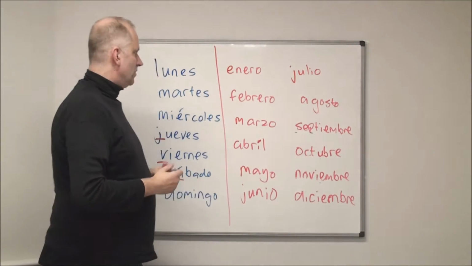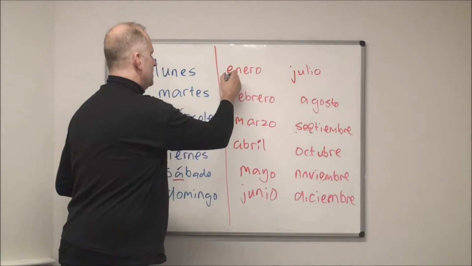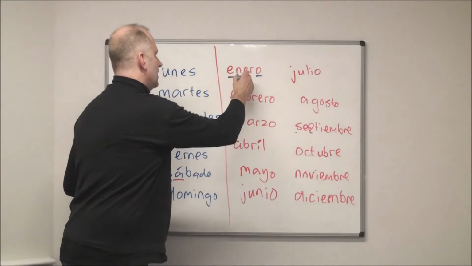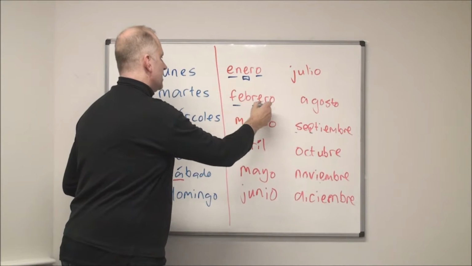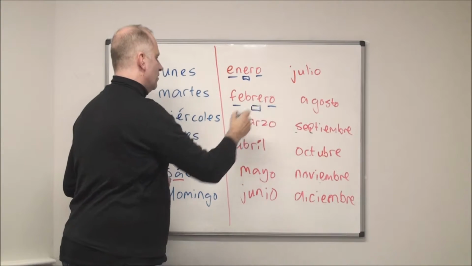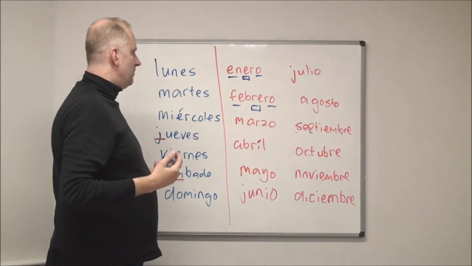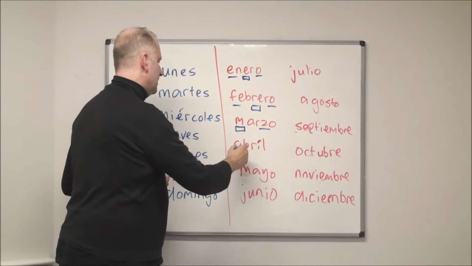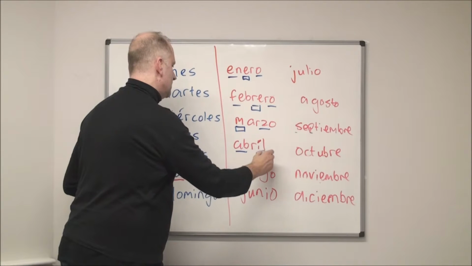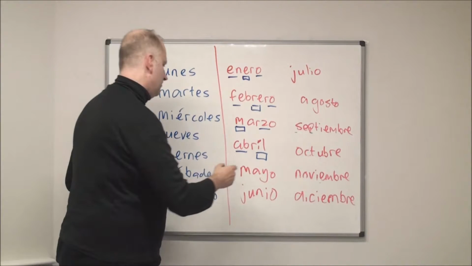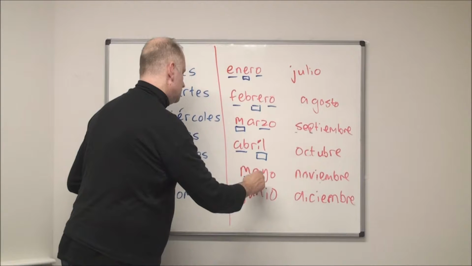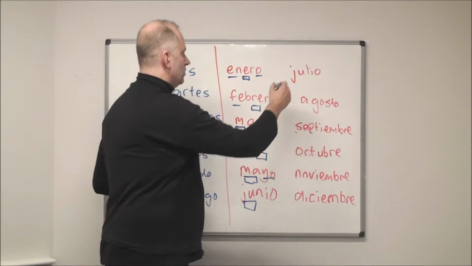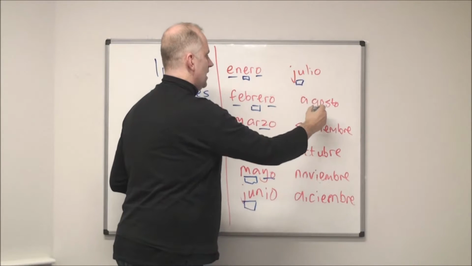So if we look, enero, it's the second syllable. Febrero, the same. With marzo, it's the first syllable. And then abril, the second syllable, mayo, the first, junio, the first, julio, the first.